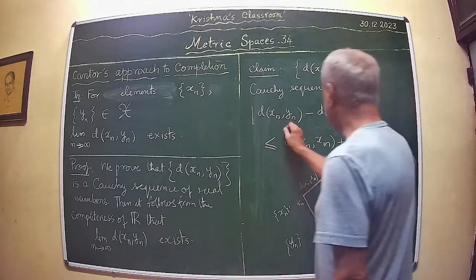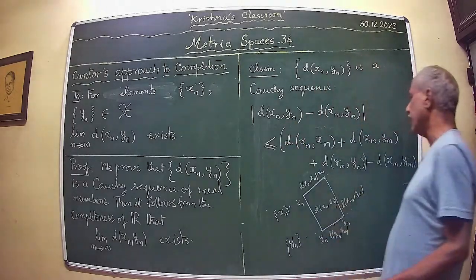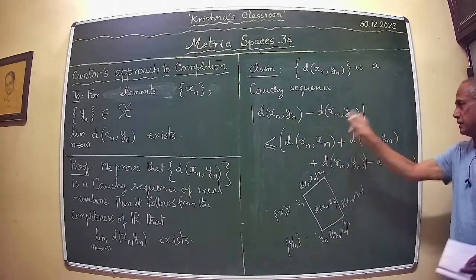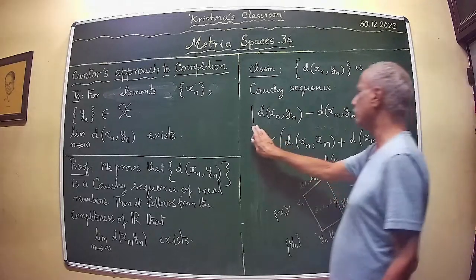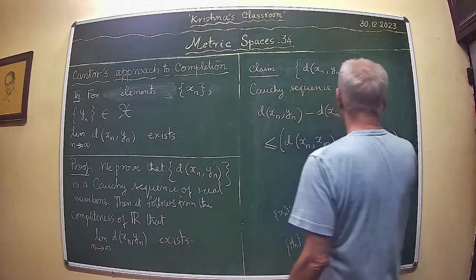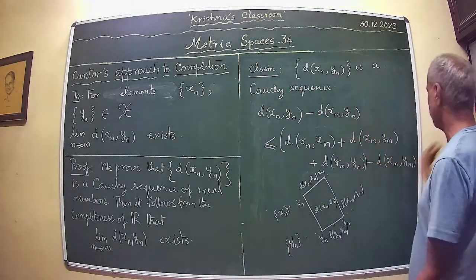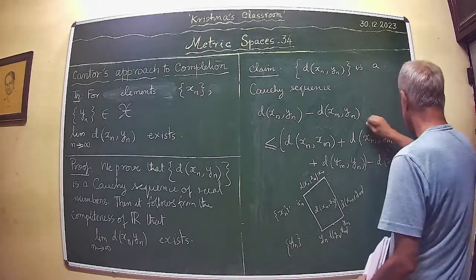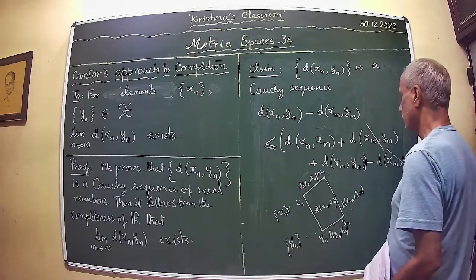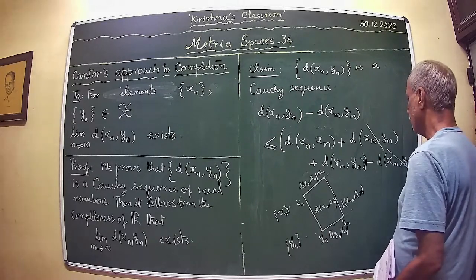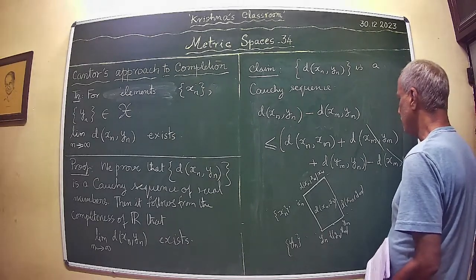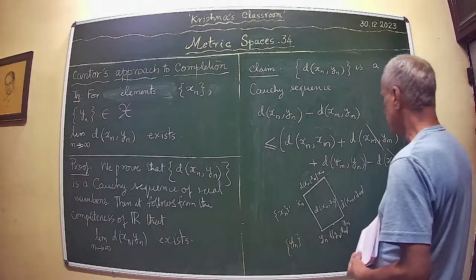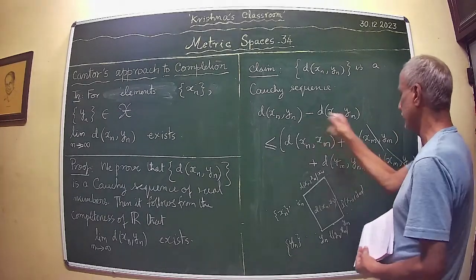So this part majorizes this and then minus this. In fact, you don't need this at all, and then you are just subtracting from it. So what happens? In this case, these two cancel out. Okay, right? So you have an estimate of this.